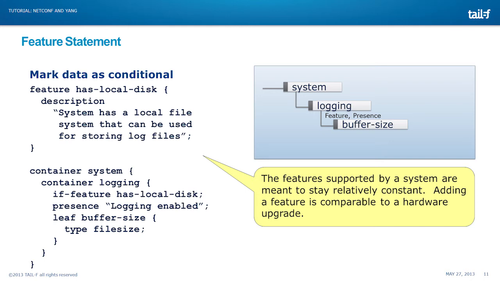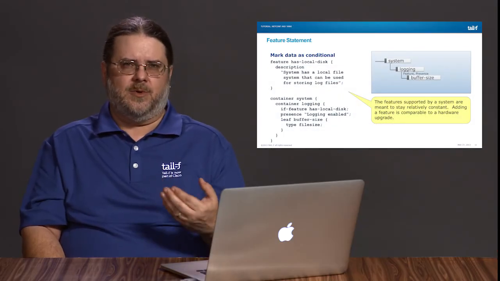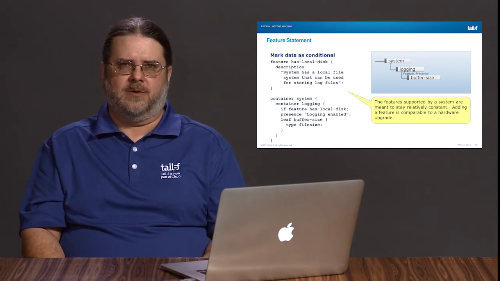In ConfD, you take your data models, run them through the confdc compiler tool to produce a binary format of the data model, which we call an FXS file, which is loaded by ConfD for use. So features are declared and happen at compile time of the Yang data model for ConfD. Very similar to using something like a pound if-def in the C programming language.